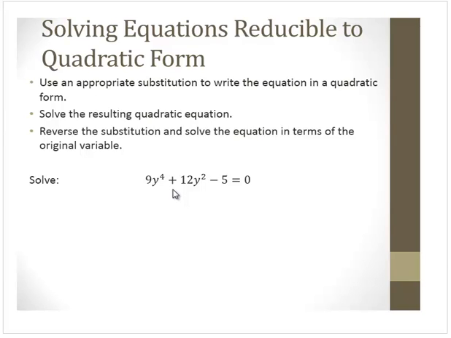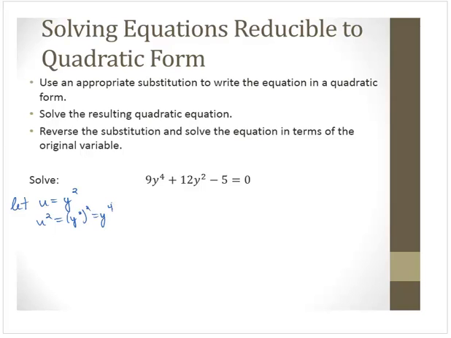Here we're asked to solve the equation 9y to the fourth plus 12y squared minus 5 is equal to 0. So this is not quadratic because notice we have this y to the fourth term. But if I make the substitution, if I let u equal y squared, then notice that u squared would be y squared squared, which is y to the fourth.